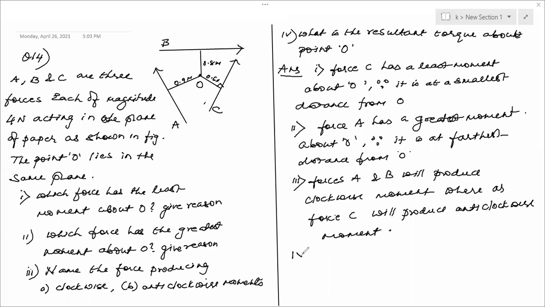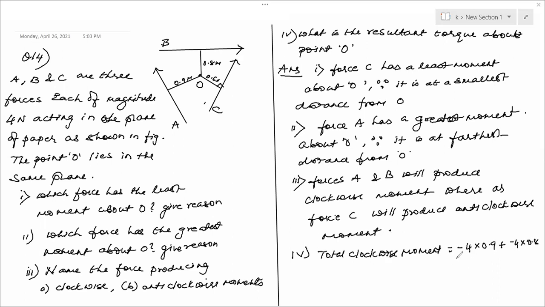Now the fourth one: what is the resultant torque about point O? See, A and B will produce clockwise moment. So I'll say total clockwise moment is equal to, since clockwise should be taken as negative, we know that, so minus 4 into 0.9 plus minus 4 into 0.8.